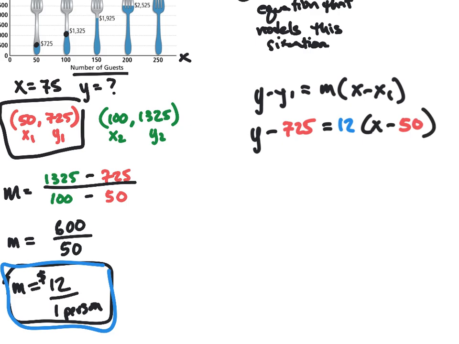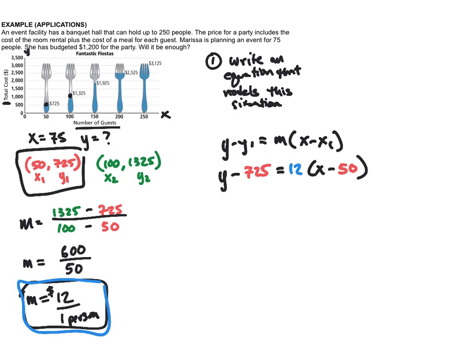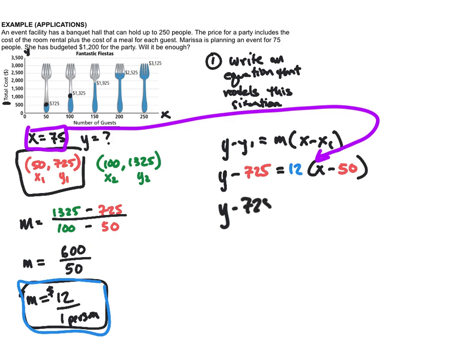Now remember what we're trying to do. When x is 75, we want to figure out what y is equal to. So I can plug 75 in for x, and y minus 725 is equal to 12 times 75 minus 50, and figure this out.